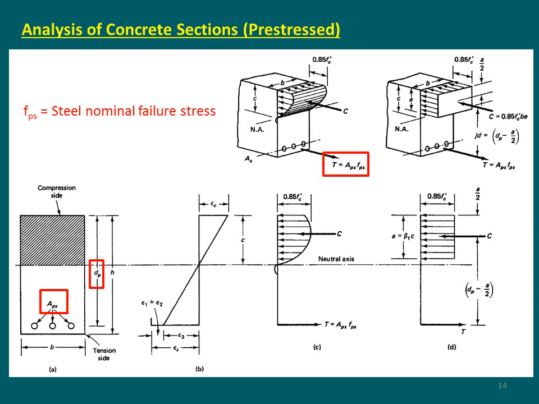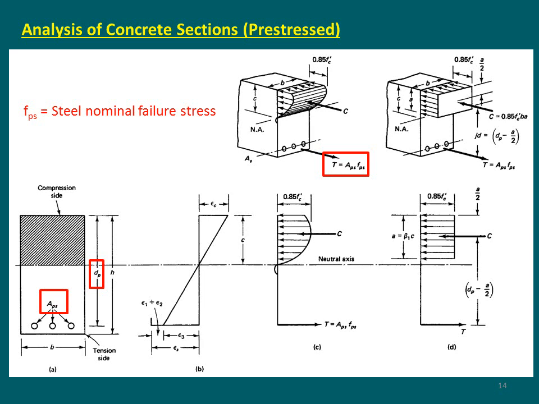This can be the amount of tension force. This here can be reduced. I'm talking here about the complexity of the stress distribution. It can be reduced for the neutral axis depth c, we can make it a, and the stress is going to be 0.85 f prime c. And then you can continue.